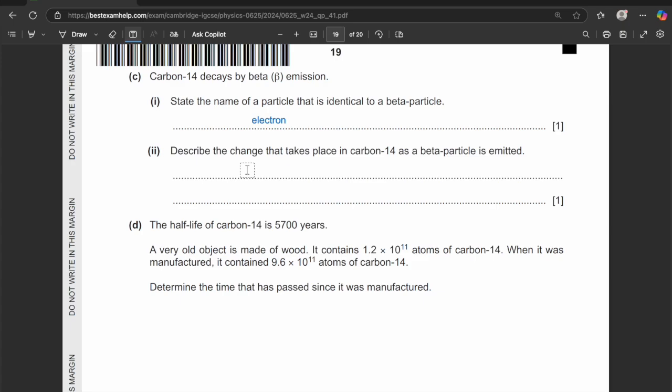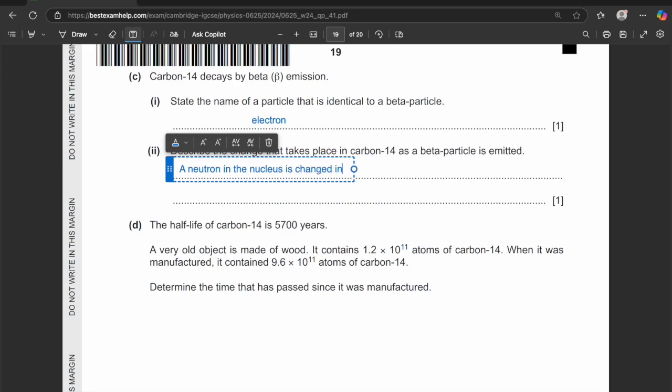And 1 electron will be released, and there will be 1 more proton. So the overall charge becomes positive in some sense. So we can just write the change. A neutron in the nucleus is changed into a proton and an electron.